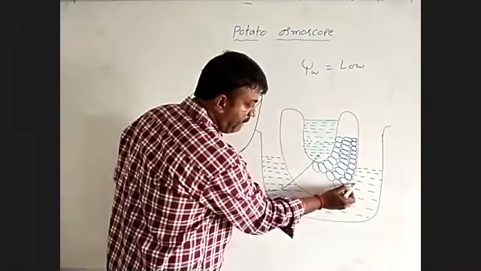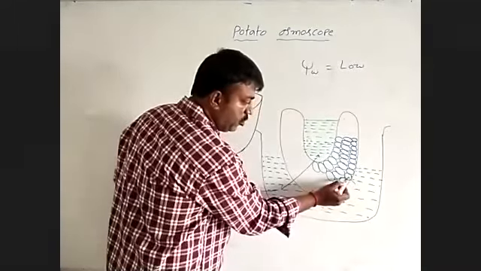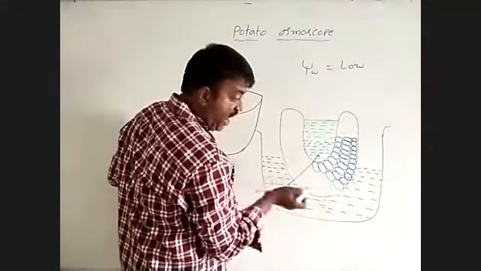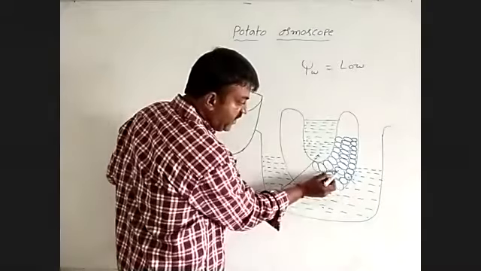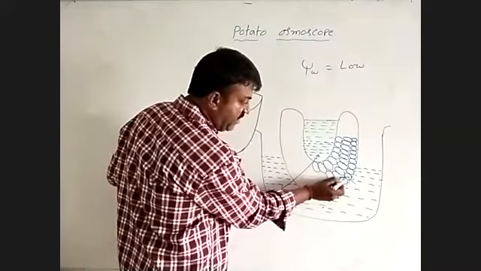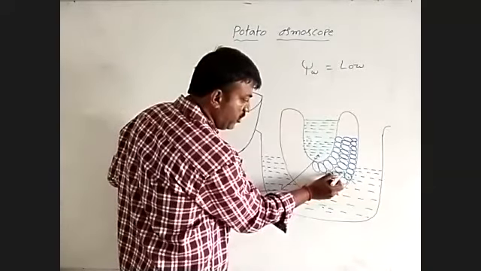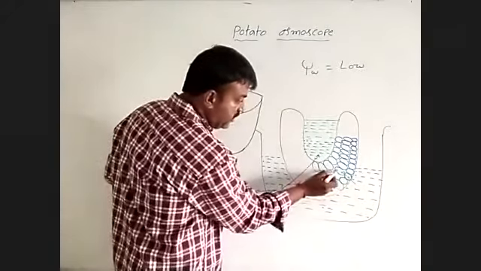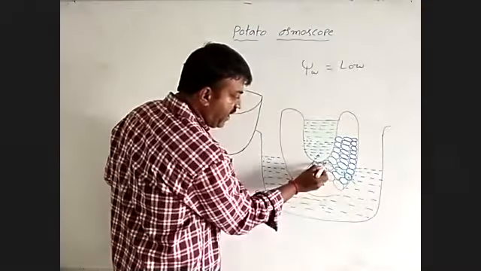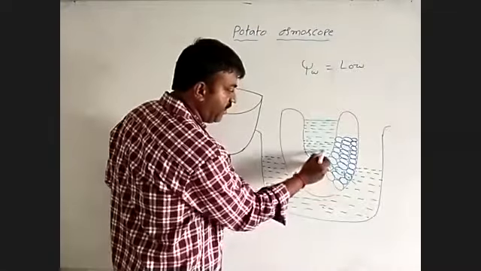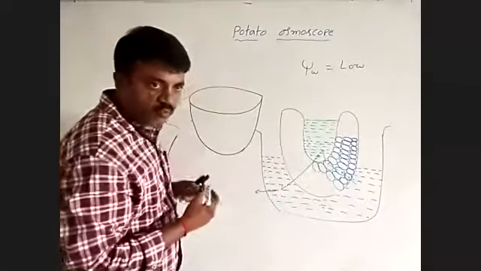That's why water moves from the surrounding to the cells of the first layer. Again, a water potential gradient is established between the second layer and the first layer, so water moves from the outermost layer to the next layer, then the next layer. Finally, water moves from the innermost layer to the cavity of the potato osmoscope.